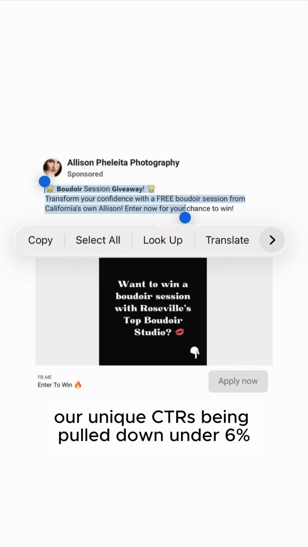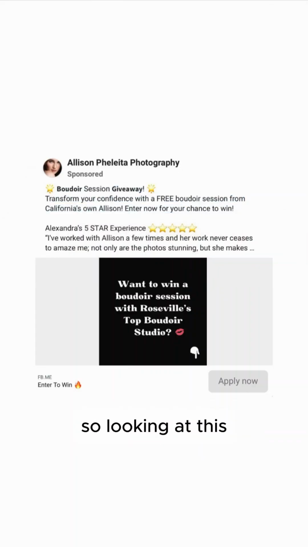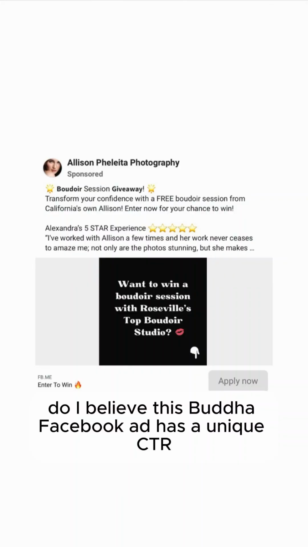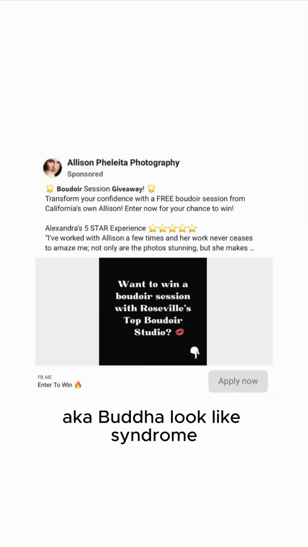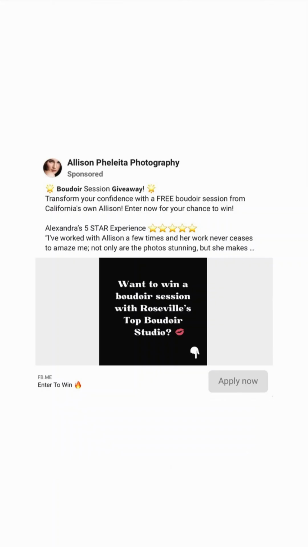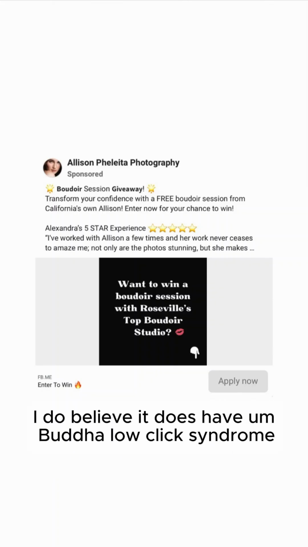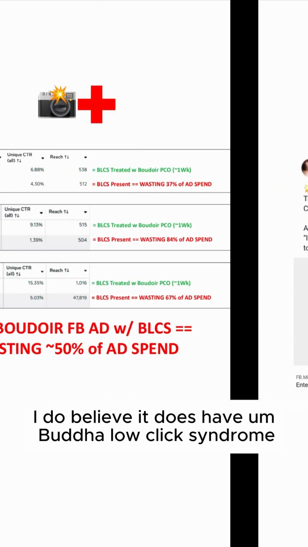Our unique CTRL is being pulled down under 6%. So looking at this, do I believe this Boudoir Facebook ad has a unique CTRL under 6% and therefore has BLCS, aka Boudoir low click syndrome? My diagnosis is yes. I do believe it does have Boudoir low click syndrome.